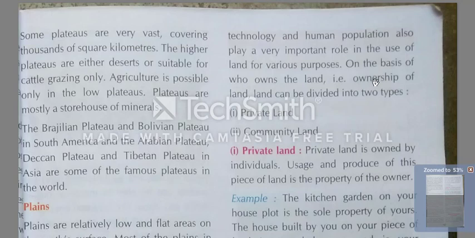Ownership is also called mastership. It is divided into two parts: private land and community land.